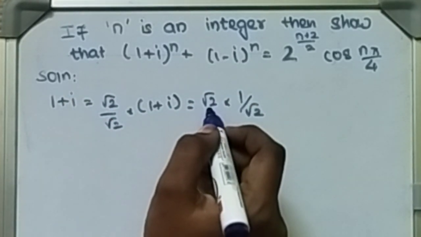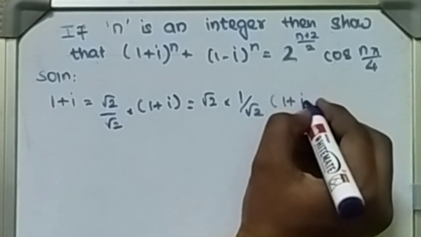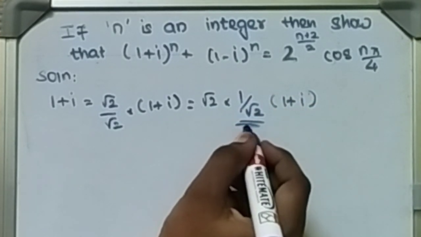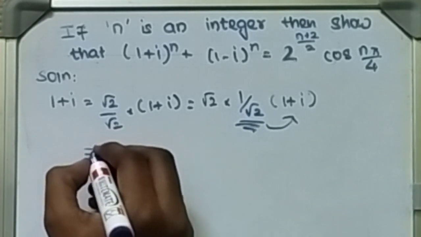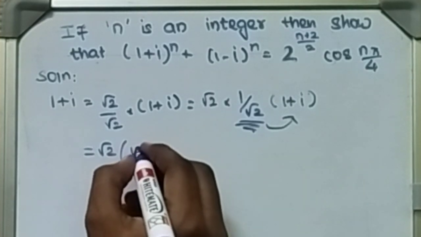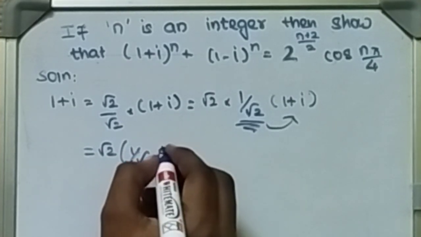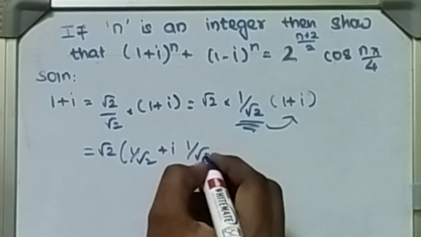So it will be root 2 multiplied by 1/root 2. So what is here? 1+i. I am going to take this, 1/root 2 plus i multiplied by 1/root 2, within this. So root 2 times 1/root 2 plus i/root 2.